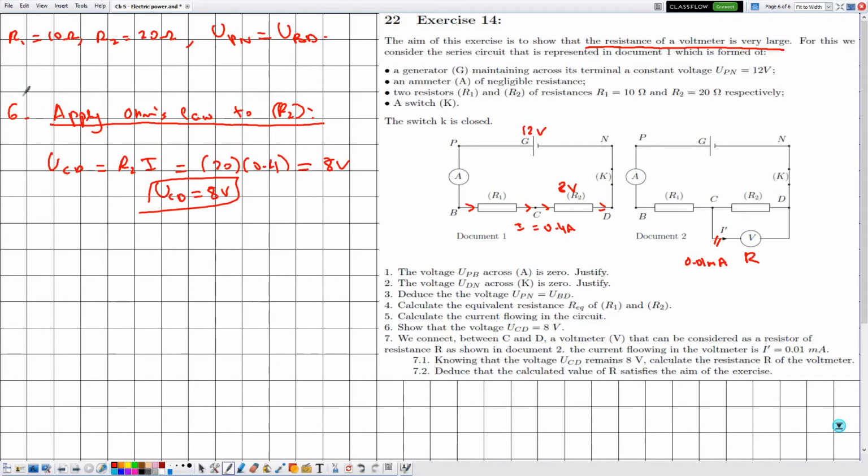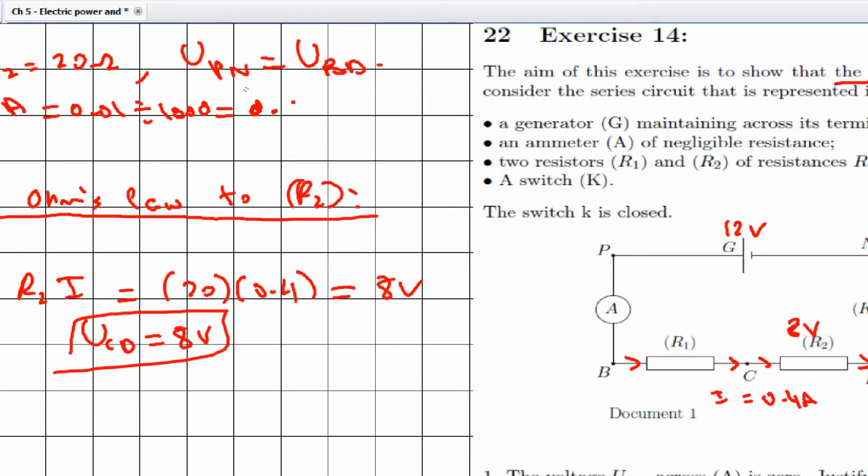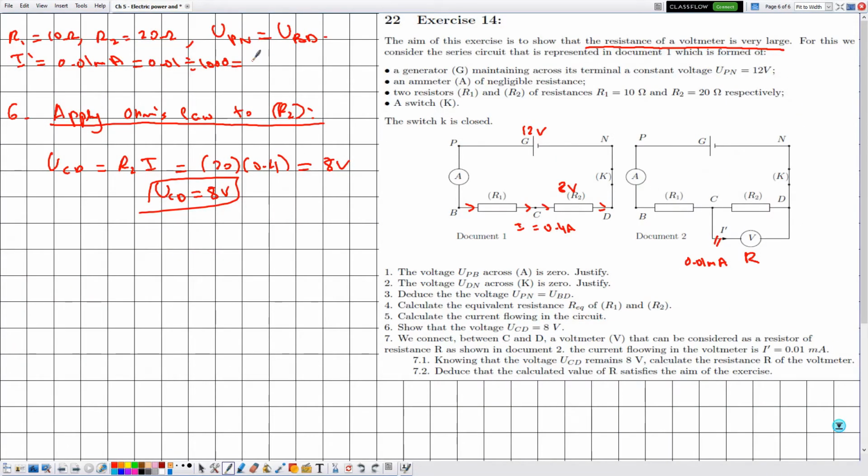So let me write here that the value of I prime is equal to 0.01 milliamps, which is 0.01 divided by 1000, which is equal to 0.00001 amperes, or simply in scientific notation, 1 times 10 to the power minus 5 amperes.